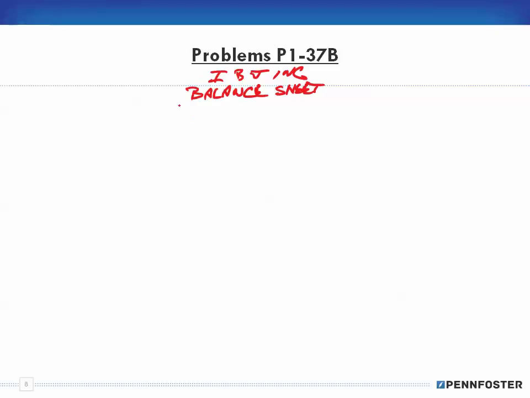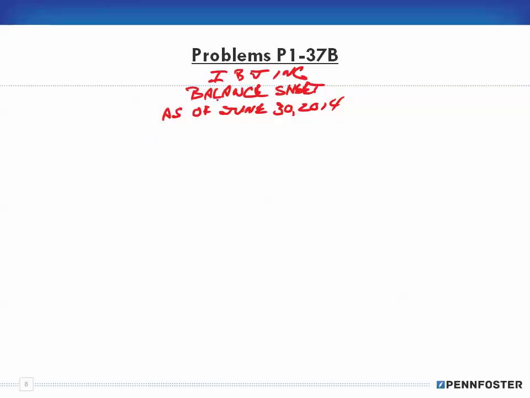And unlike the income statement and the statement of retained earnings, the balance sheet is not for a period of time. All right, it is as of a specific date. In this case here, the last day of the accounting period. So as of June 30th, 2014.